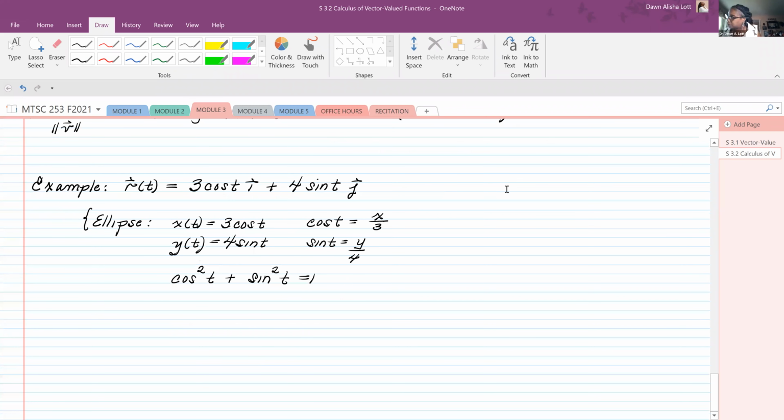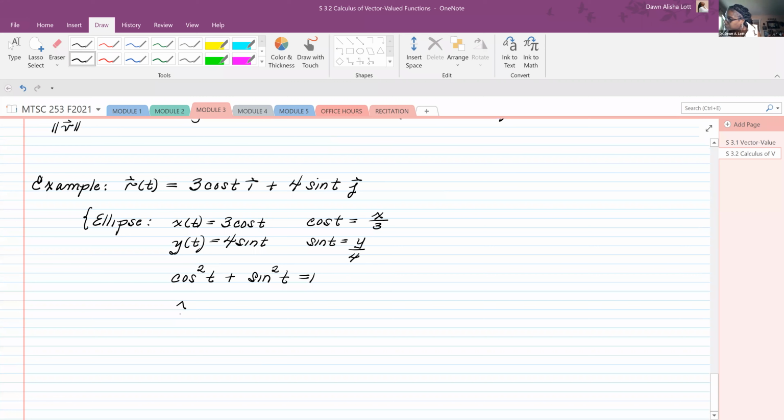And that says that x over 3 squared plus y over 4 squared is 1, and that is x squared over 9 plus y squared over 16 is 1. So that's how I get an ellipse.